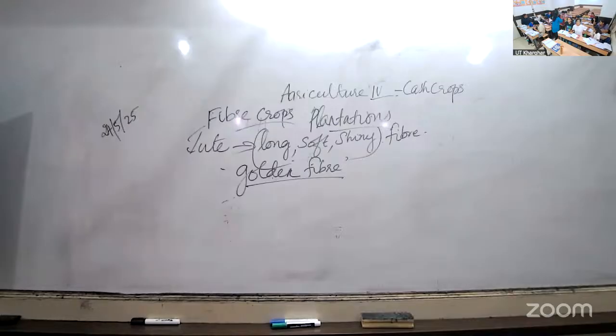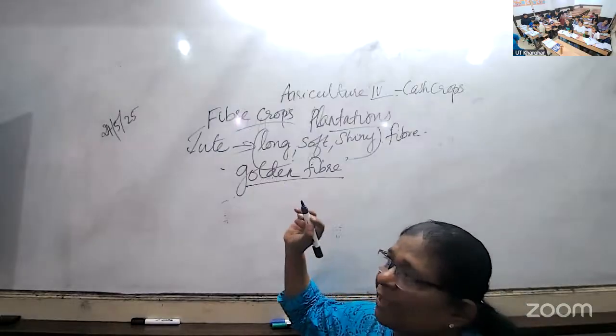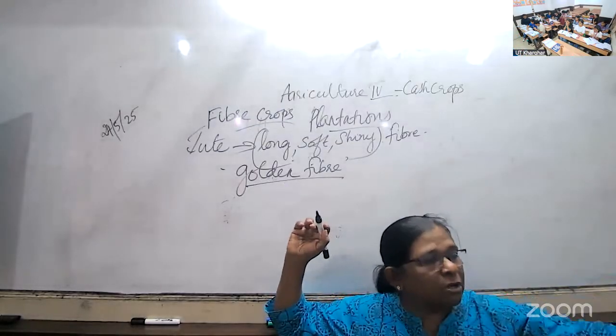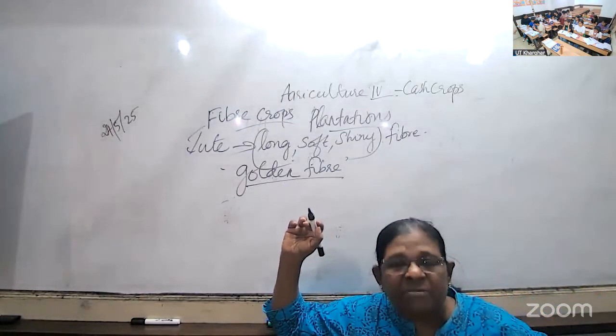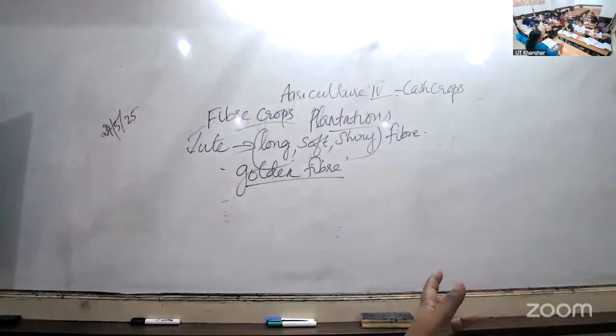The fiber has that color. Secondly, it earns more revenue. Through the export of this fiber, we get more money. That is why it is known as golden fiber. One is because of its color. Second is because of the currency or revenue we get. Got it?